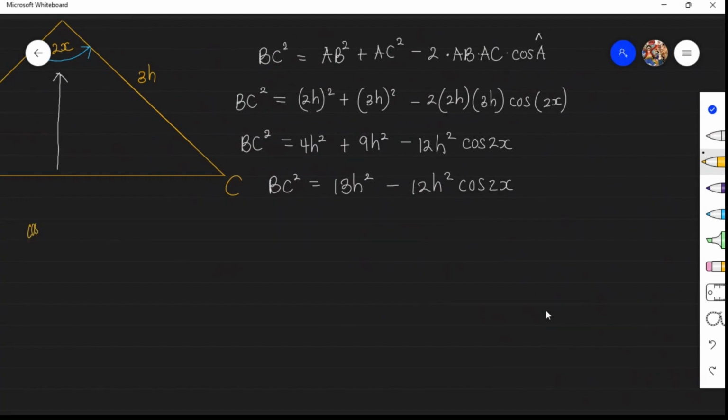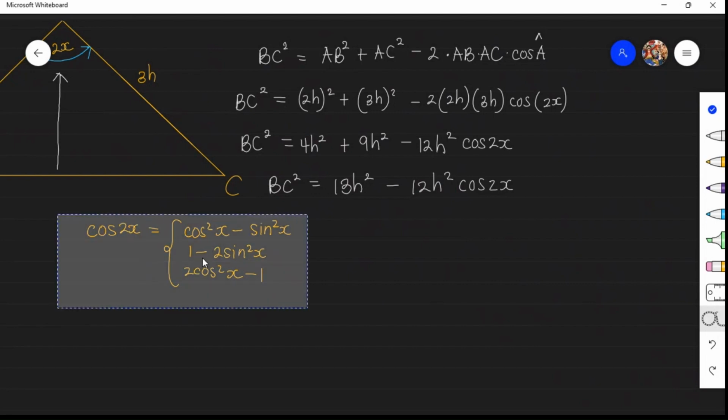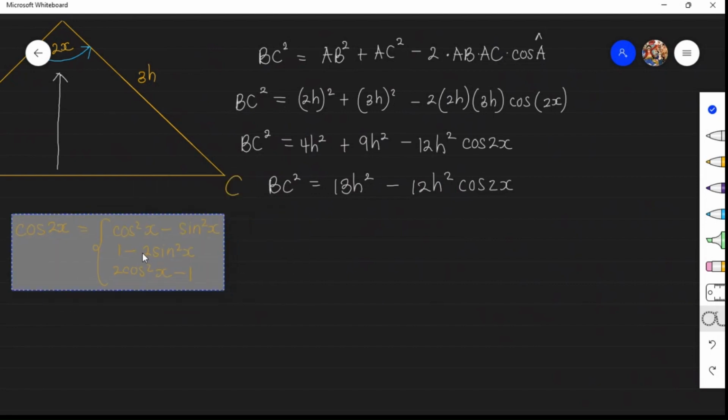So cos 2x is equal to cos squared x minus sine squared x, 1 minus 2 sine squared x, 2 cos squared x minus 1. So those are the three double angle formulas of cos that we are already familiar with.